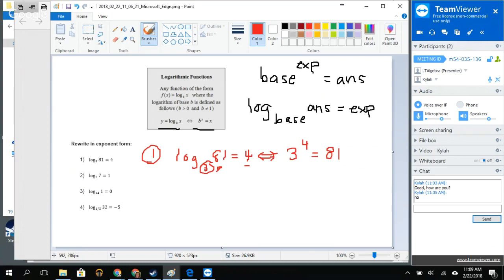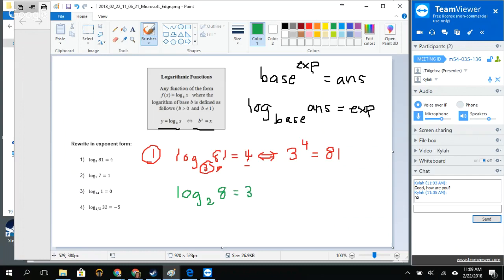Okay, so if I had, for example, I don't have this on my paper, but let's see. Log base 2 of 8 equals 3.